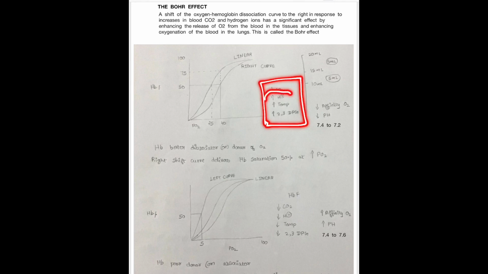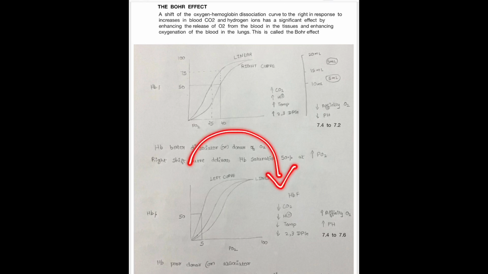Whenever this hydrogen ion or proton increases, there will be acidity, there will be formation of acid inside the cell. So during exercise, as you all know, the saturation becomes 75 to 50. That means oxygen molecules are delivered to the tissues. That means the affinity of oxygen is decreased.